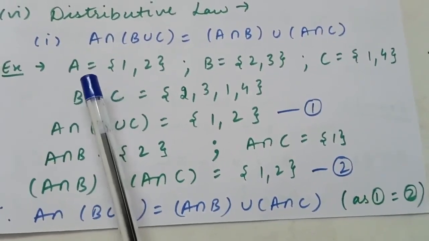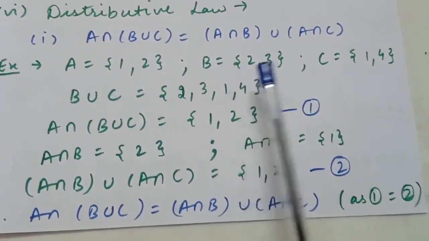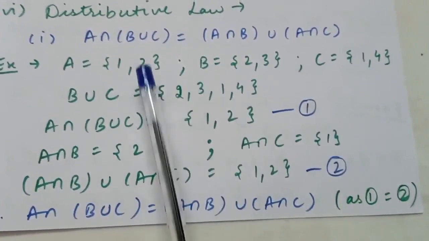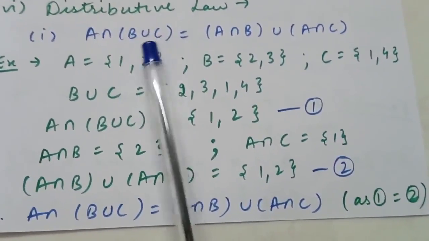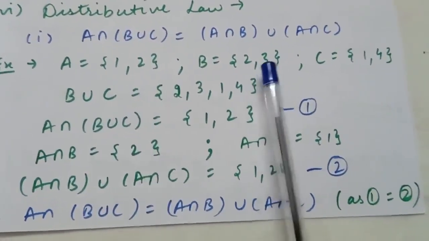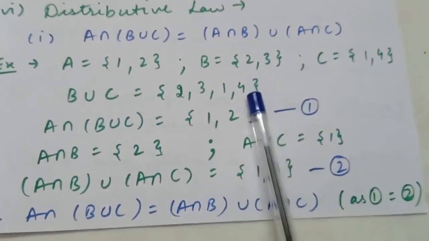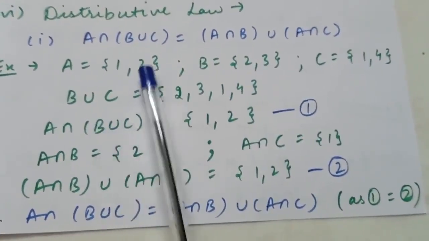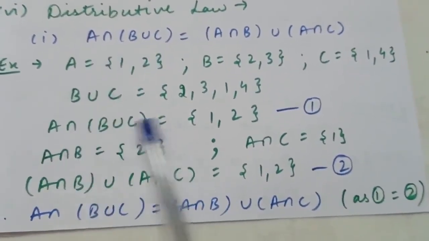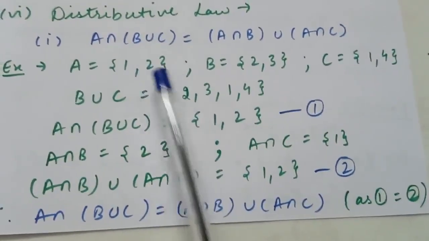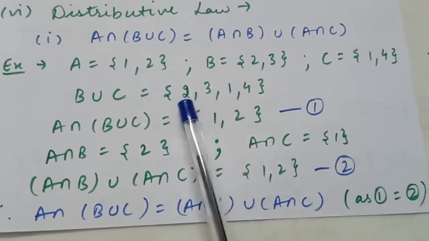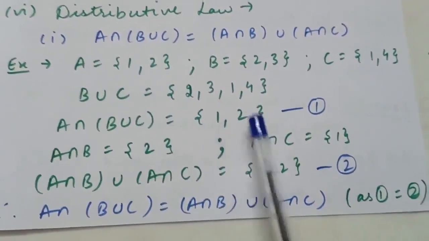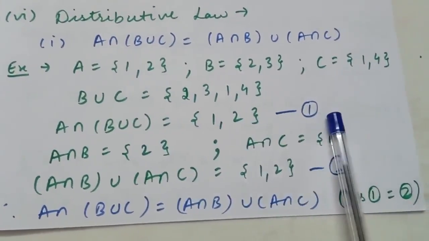First, look at this example. A is given to us as {1, 2}, B is {2, 3}, C is {1, 4}. So what we want to find is A intersection (B union C). B union C will be {2, 3, 1, 4}. Now the intersection of this B union C with A will be the common elements in those two sets, which are 1, 2. So this set will be {1, 2}. Let this be first.